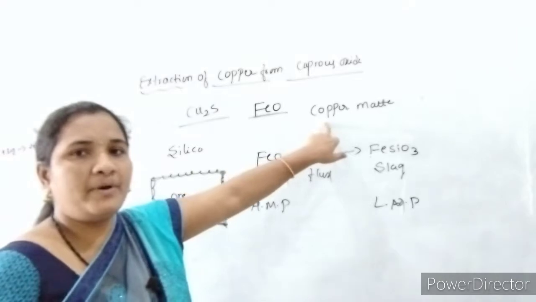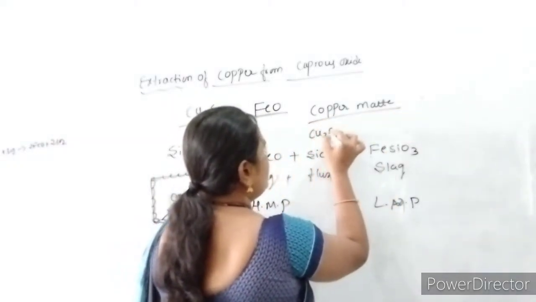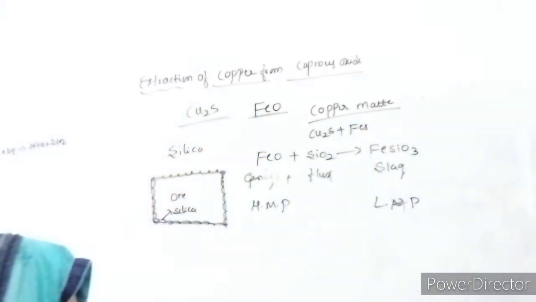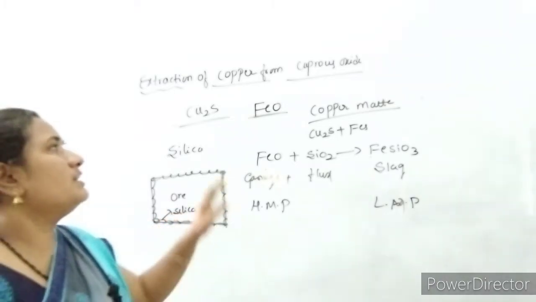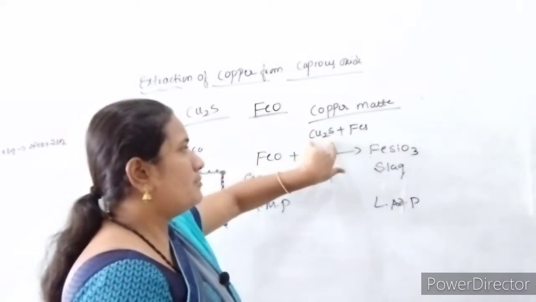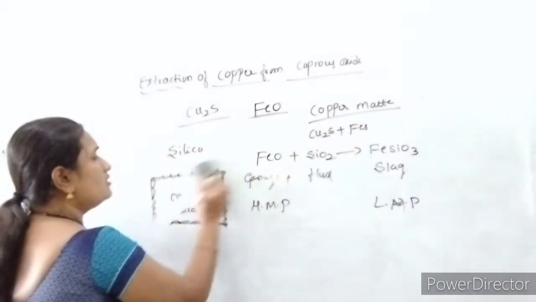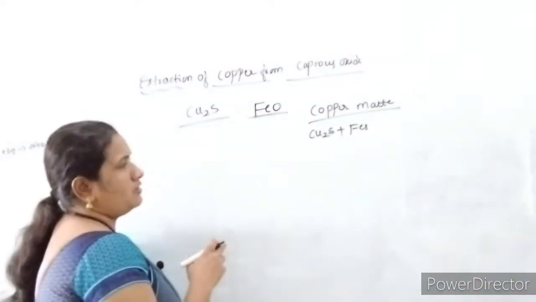This copper matte contains a mixture of Cu2S with iron sulfide, FeS. So the copper produced from the reverberatory furnace has copper sulfide and iron sulfide, and it is still not in a pure form. We need the pure metallic form of copper.